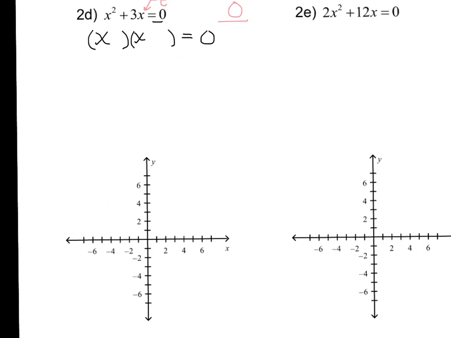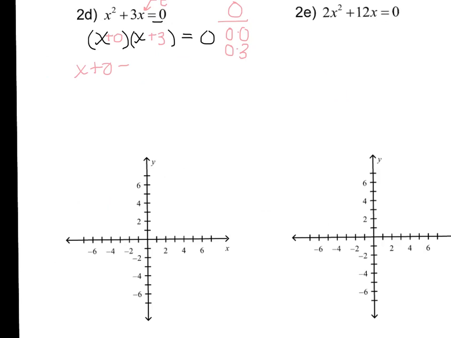And that's not really possible because the only factors of 0 are 0 and 0. However, 0 times 3 is 0, and 0 plus 3 is 3. So we can put a plus 0 and a plus 3, and then we'll have our answer.